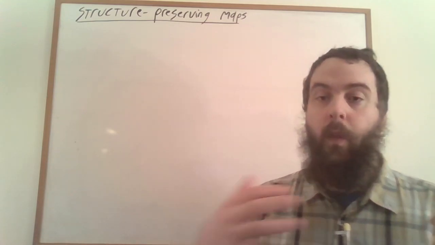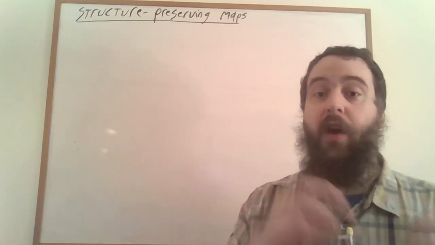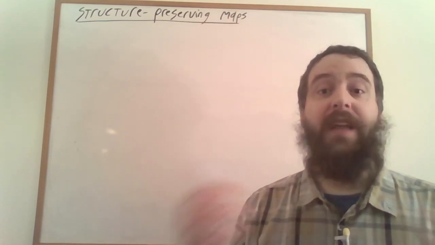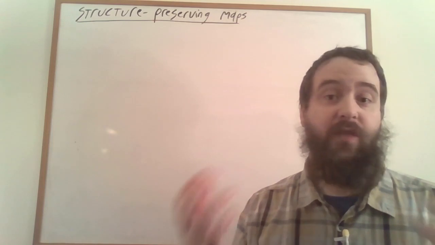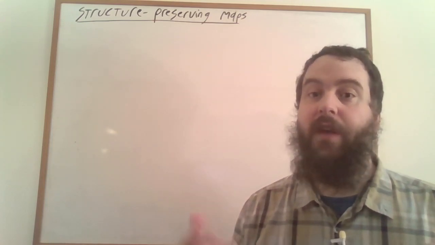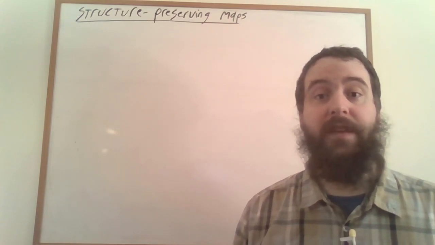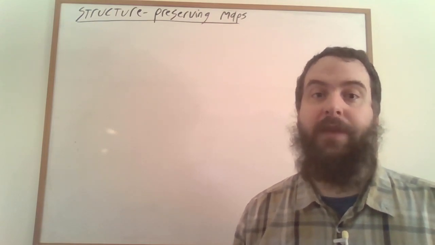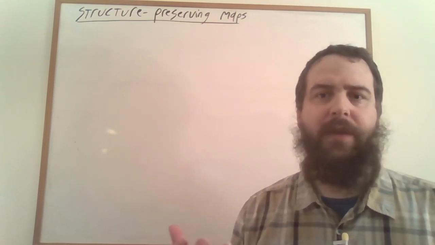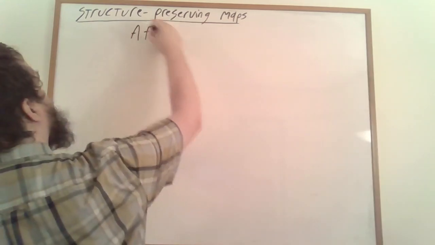But what do we know if there's a homomorphism from one structure to another structure? It's not necessarily going to be the case that these structures are identical to each other, but they're still going to share a number of logical properties in common. What logical properties are necessarily shared in common, and what logical properties might they differ in?